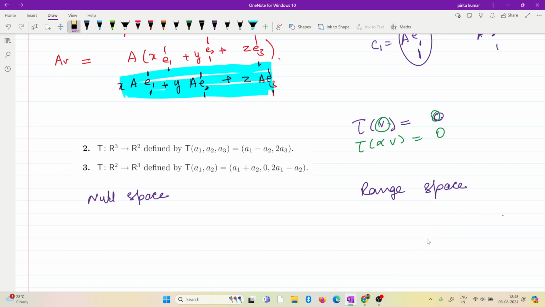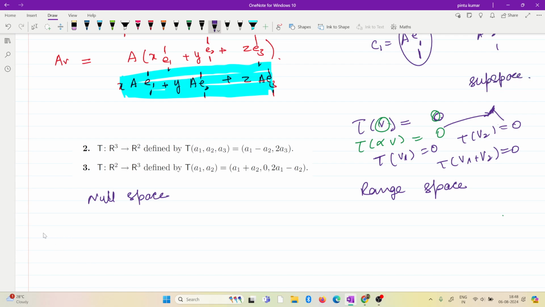Another thing I want to say is, let's say T of v1 goes to 0 and T of v2 goes to 0, then their sum will also go to 0. By the property of linear transformation, this will split and the sum will also go to 0. So these two properties serve as a valid definition of a subspace.